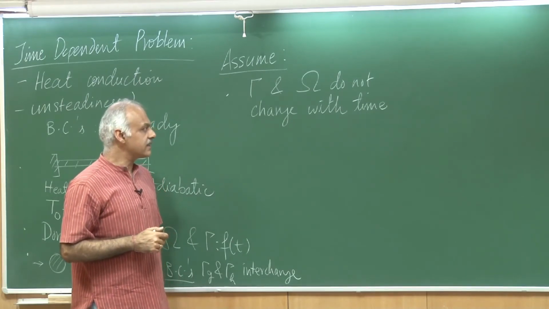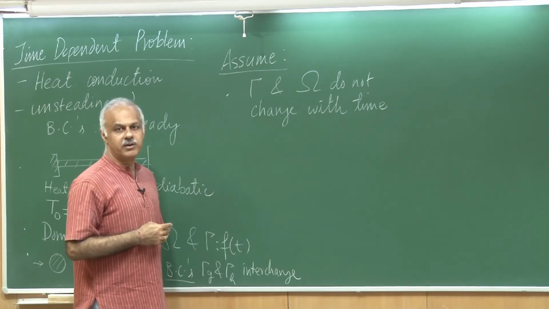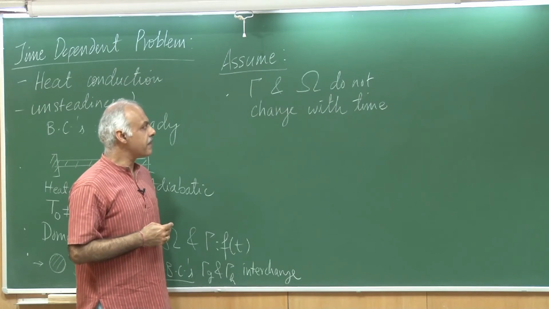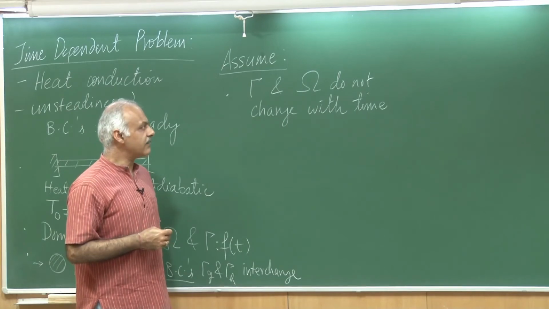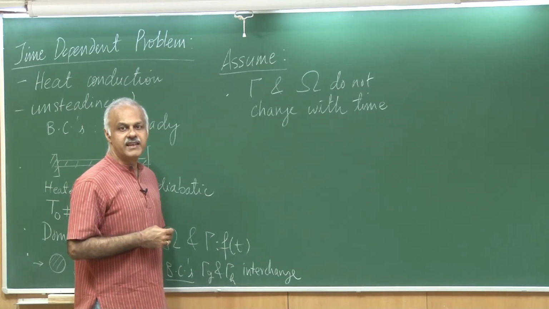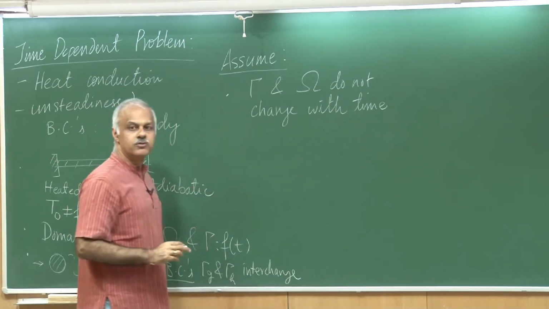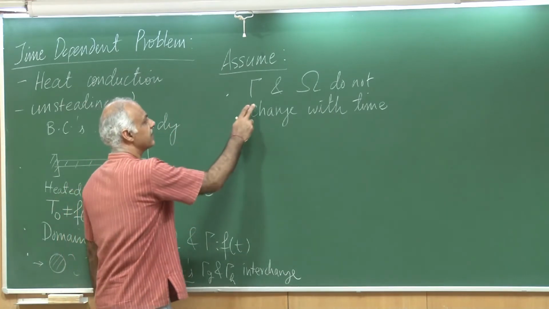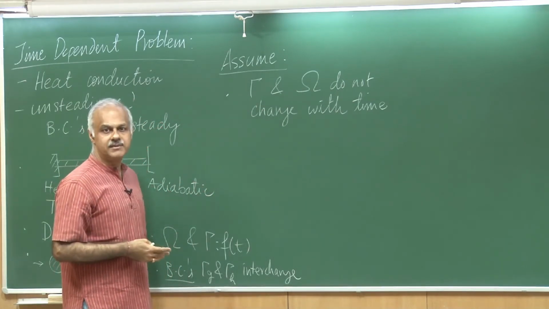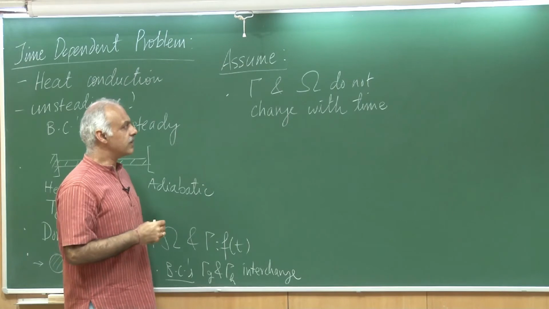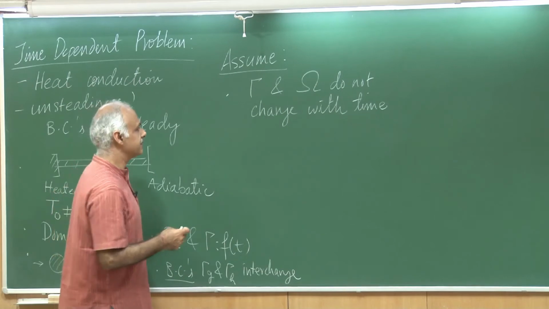I could have a situation where maybe a flag is fluttering because of a breeze, and there the domain itself is changing, the geometry of the flag is changing. Or maybe I could have a balloon where somebody is inflating it, so the shape of the balloon changes with time. The analysis that we are going to do will assume that omega and gamma, so this is the domain and that is the boundary, do not change with time. This itself is complicated enough. Towards the end, I will show you some examples on how to even relax these kind of conditions.